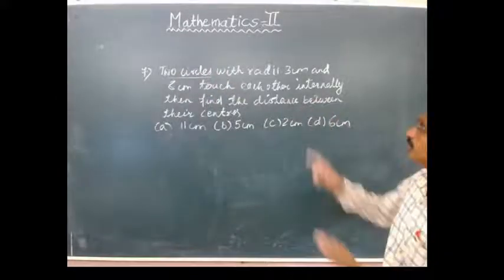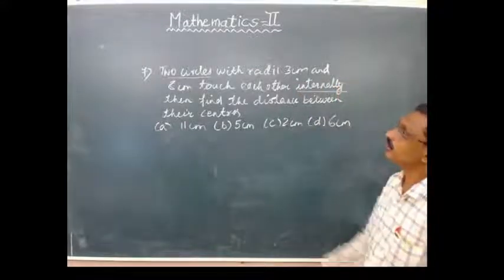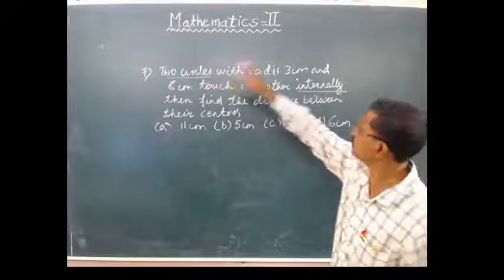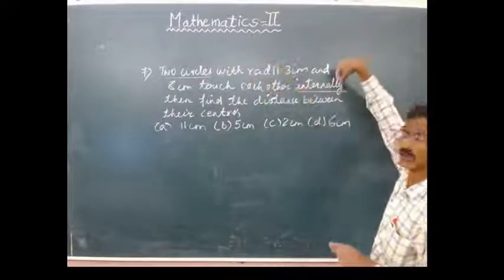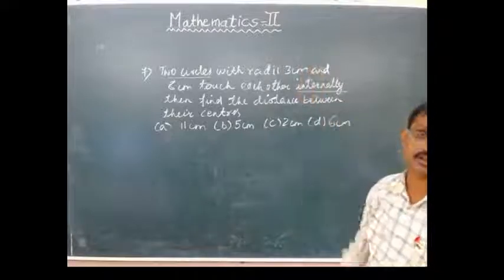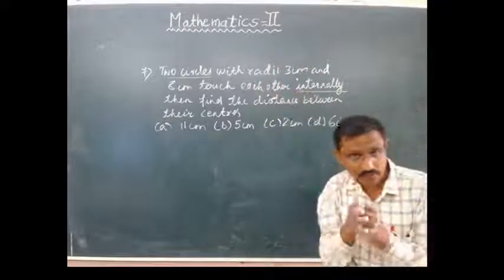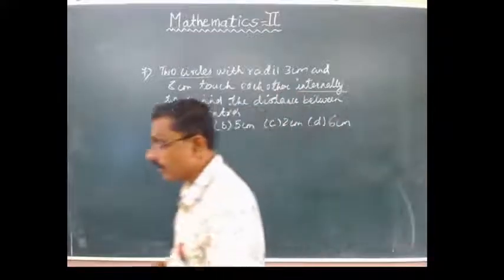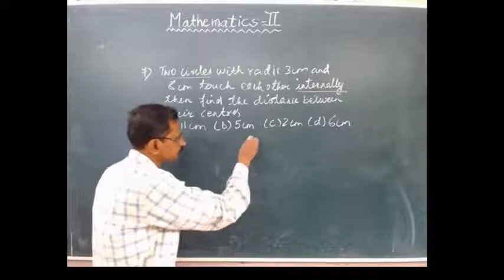How are they touching? Internally. Right? Let the radii be anything, this amount of distance we are not worried about. What is important is whether it's touching internally or externally. And if they are touching externally, we know we have to add. Let us see what happens if the circles touch internally.